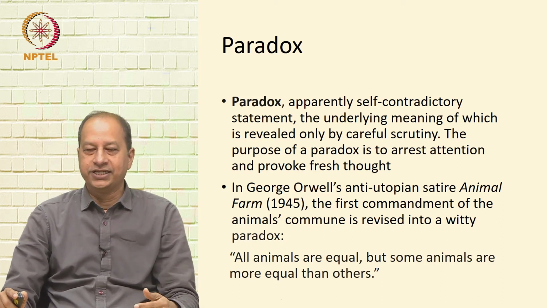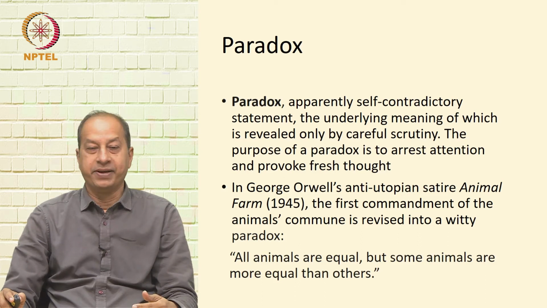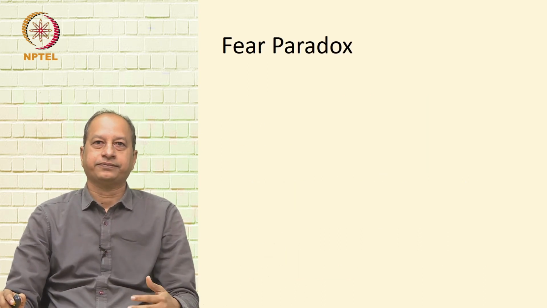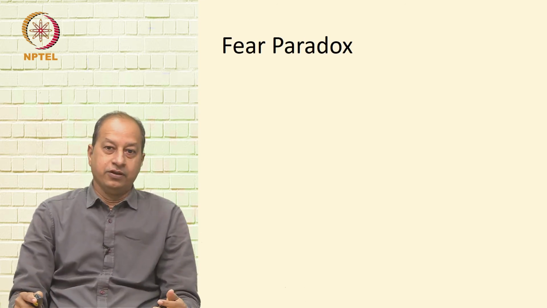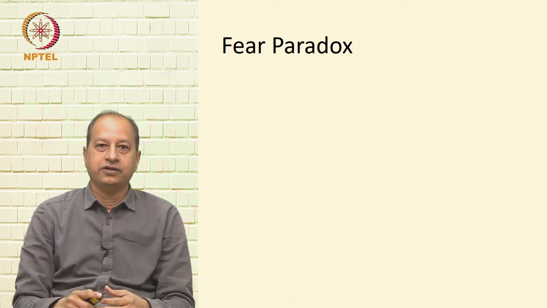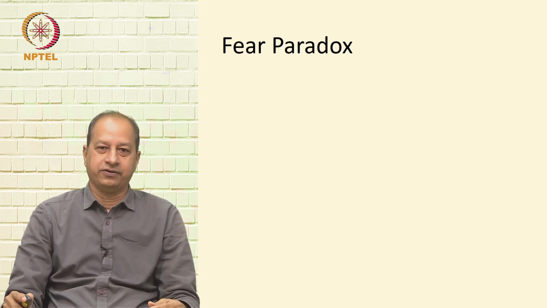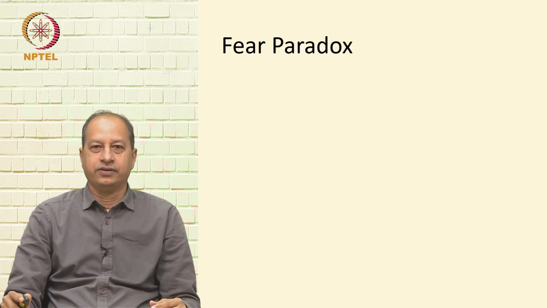So I'll quickly take you to certain applied examples, like we did with metaphors. So let's go to those examples. This is called fear paradox. For example, fear is one of the most basic of human emotions. We are constantly hounded by fear. Fear doesn't leave us even for a moment.